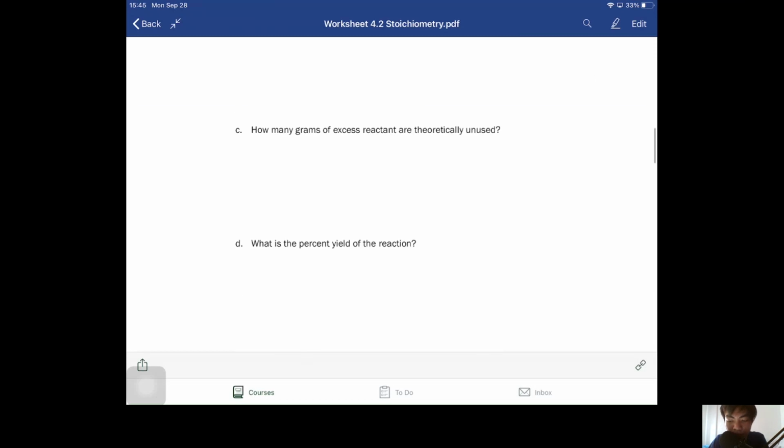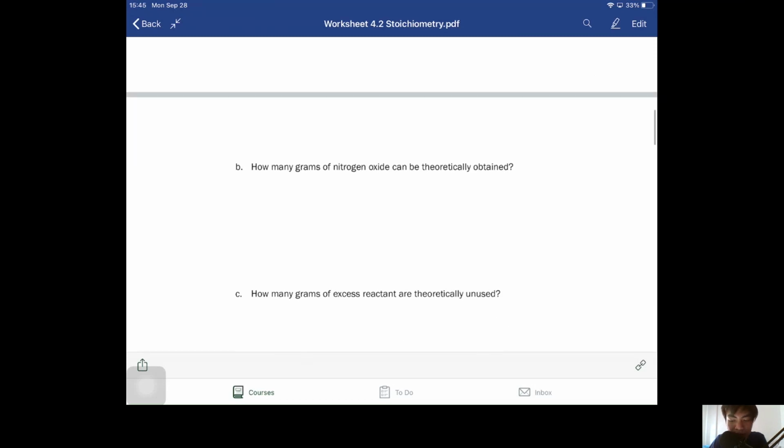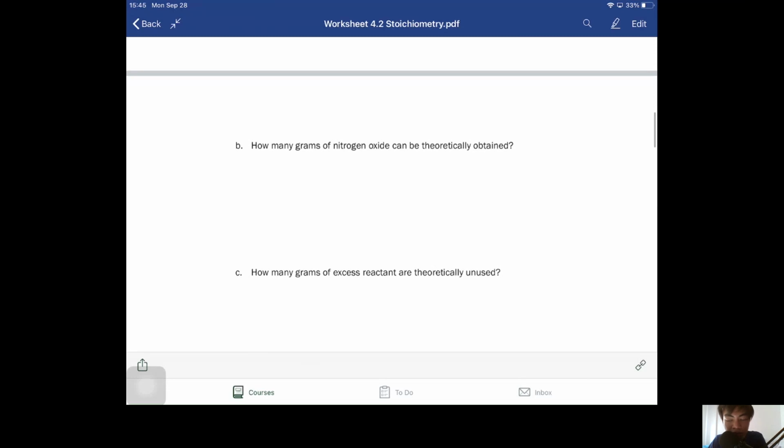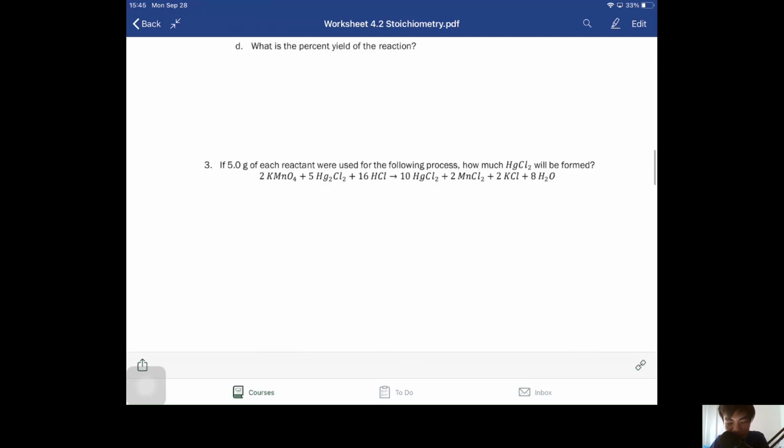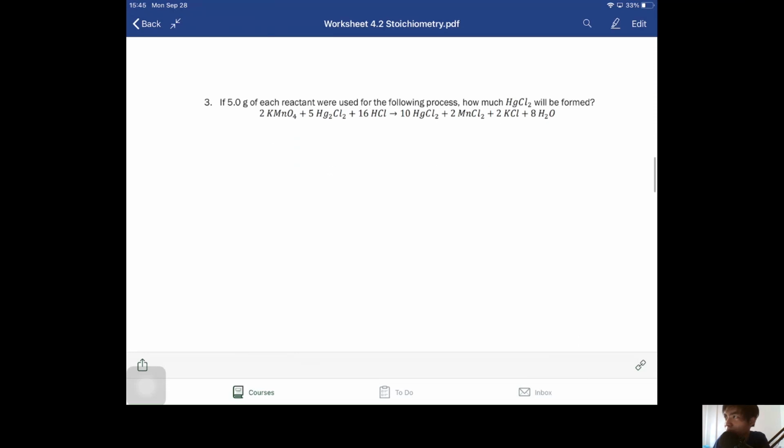For example, ito, how many grams of NO can be theoretically obtained? How many grams of excess reagent are unused, no? What is the percent yield, no? So ito, if 5 grams of each reactant, meaning tig-5 grams na ito, how much of this product will be produced?